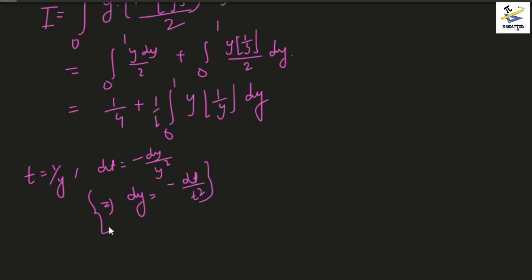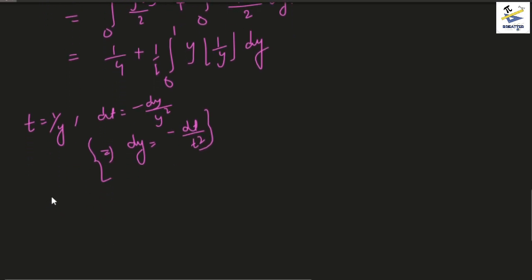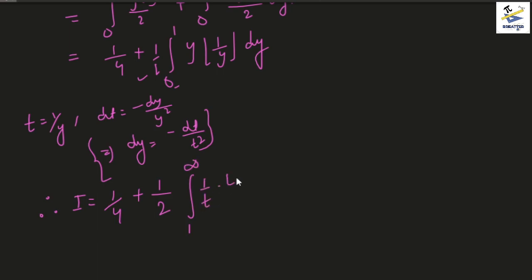Therefore I should be equal to 1 by 4 plus 1 by 2, and in this integral the minus will turn the limits from infinity and 1 to 1 to infinity. y will be 1 by t, box of 1 by y will be box of t, and dy will be dt by t square.